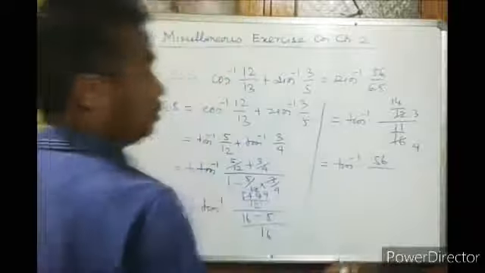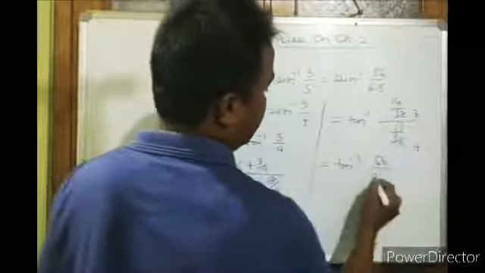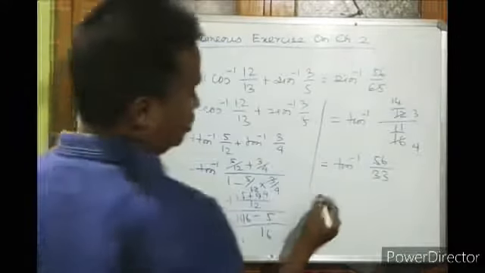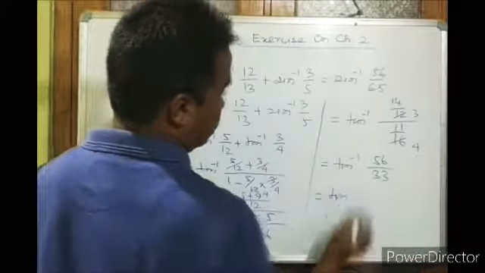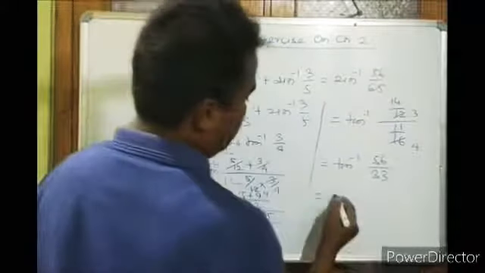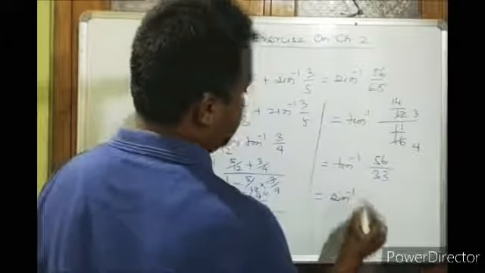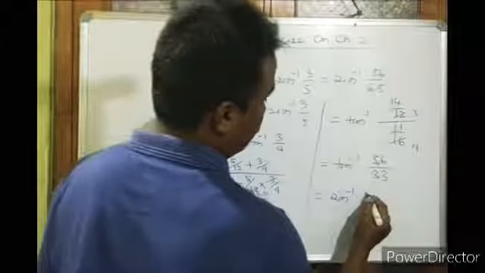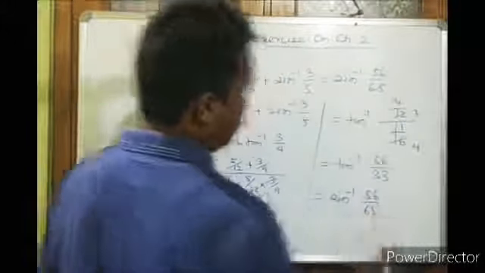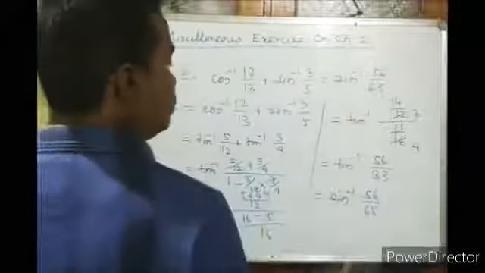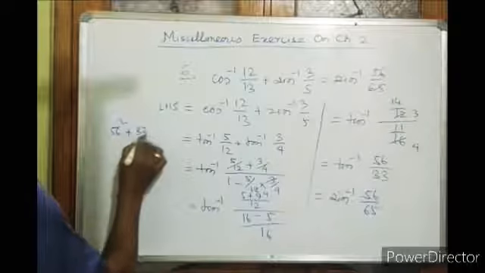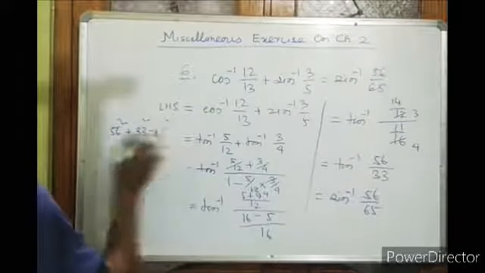So we got this is equal to tan inverse 56 by 33, which is equal to sin inverse 56 by 65, because 56 square plus 33 square is equal to 65 square.